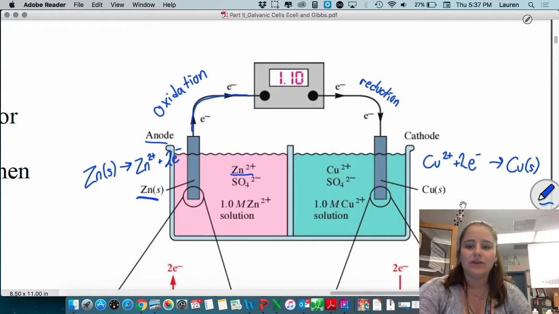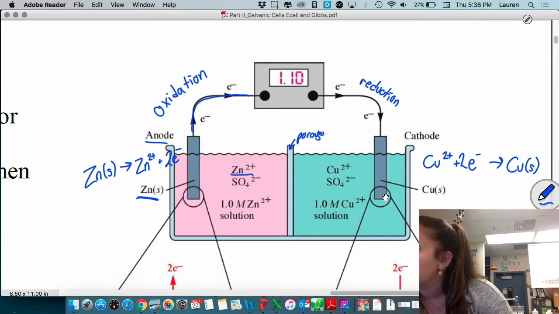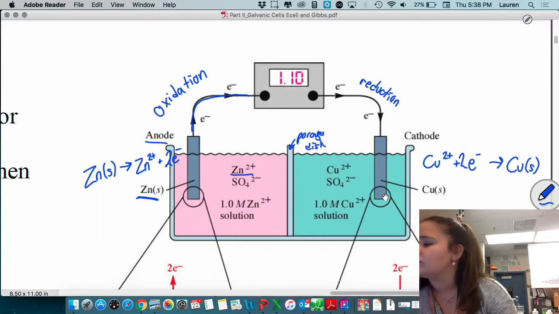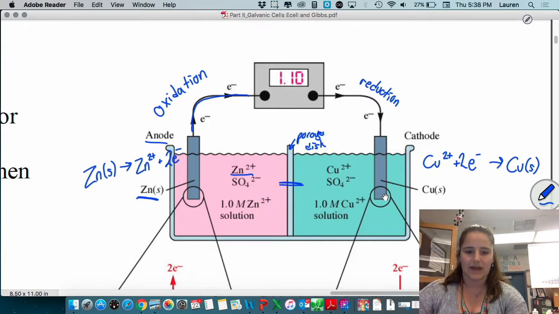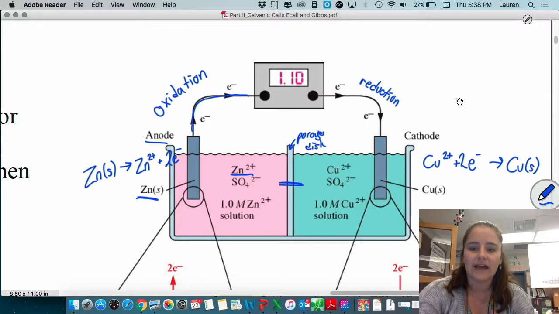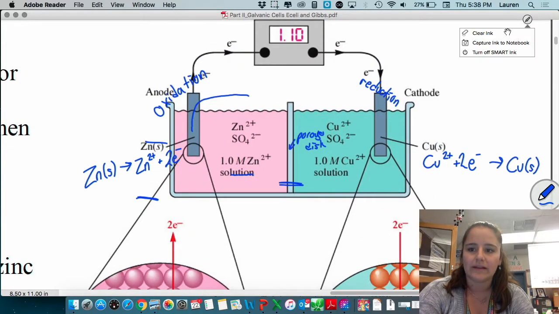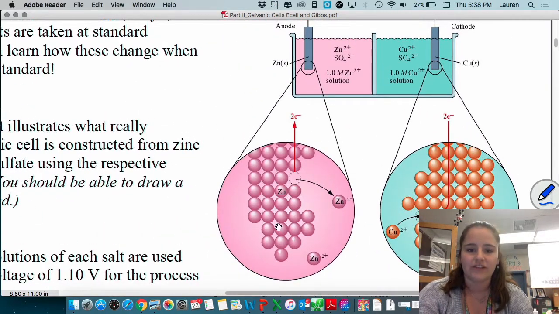Okay, so that is what's going on in this solution. Okay, the electrons are flowing. This is our porous disk through which those sulfate ions can migrate, okay, in order to keep that charge balanced and neutral. Okay, if we looked at it down here, you can see those half reactions happening.